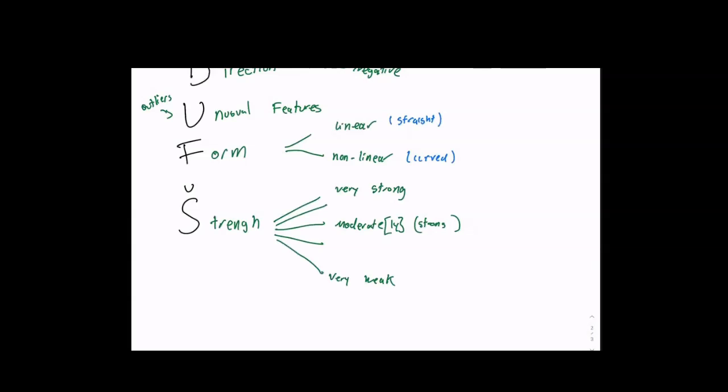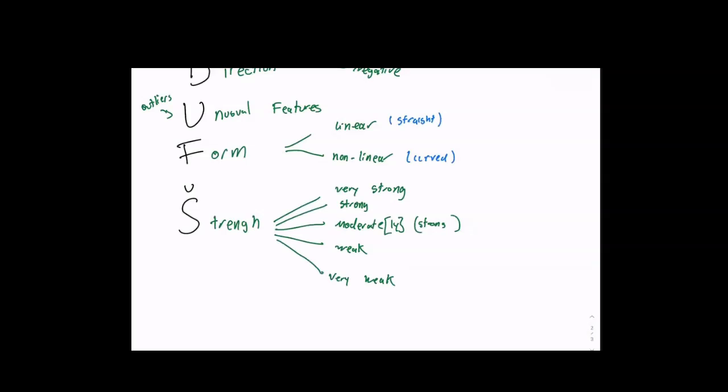You can say moderately strong. You can technically say moderately weak, but typically it's moderately strong. It's in the middle. It's not very strong. It's not very weak. And we have also strong and weak. Those are the 5 levels that we would use in terms of describing the strength.